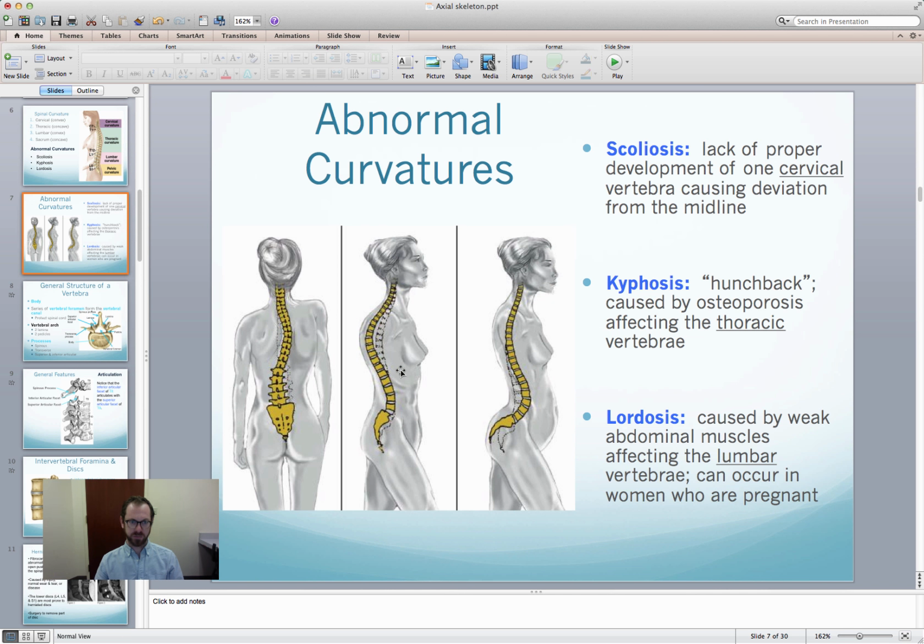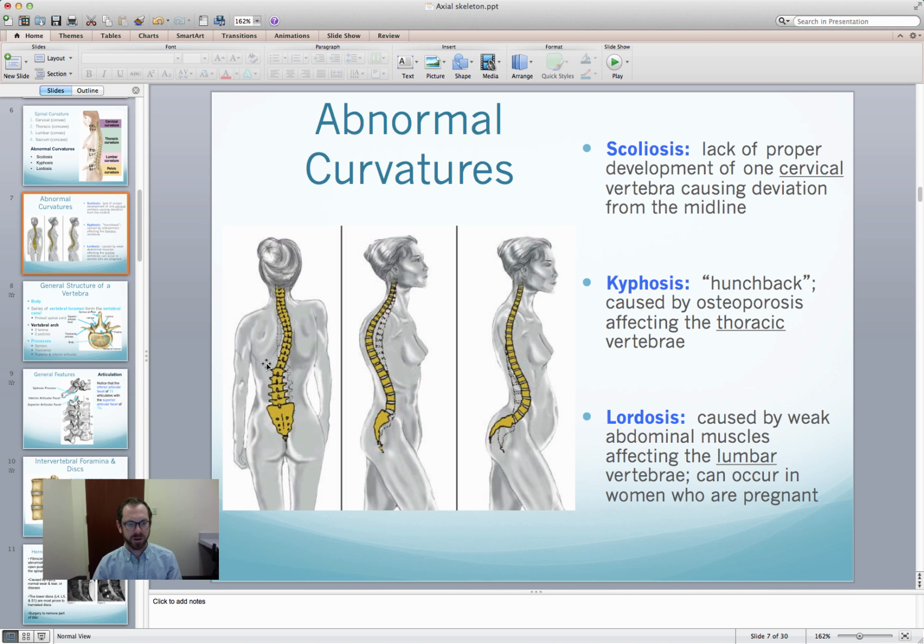This middle image is representing kyphosis, and this is also known as hunchback syndrome, and this is caused by osteoporosis that affects the thoracic vertebral region and kind of gives you this more dramatic curvature of the thoracic vertebrae. And then finally, lordosis can be caused by a weakening of the abdominal muscles, and this causes an exaggeration of the lumbar curvature. And this is pretty typical of women who are pregnant.